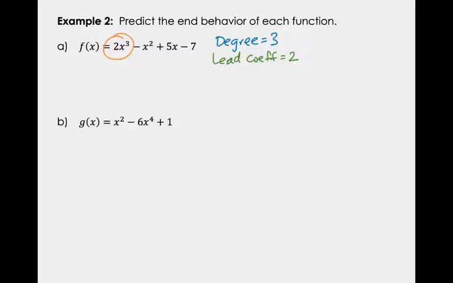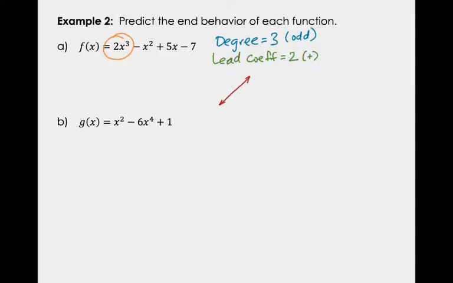And again, I don't really care so much when we're talking about end behavior that the degree is 3. I mostly care that this is an odd degreed polynomial. And for the leading coefficient, it's not so important that it's a 2, but that it's a positive number. So this is going to behave, at the arrows, the end behavior, just like any odd degreed function, like a line with a positive coefficient. It's going to rise left to right.